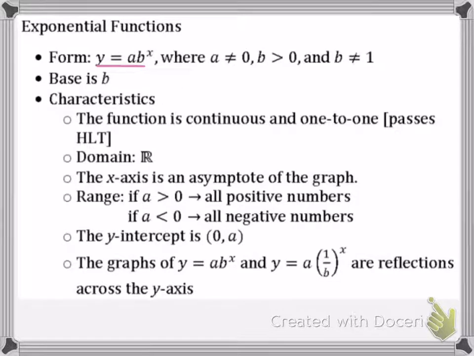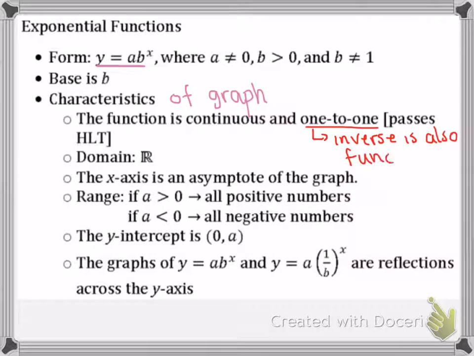Some characteristics of the graph: the function is always continuous, and it's also one-to-one. It passes the horizontal line test. Now, one-to-one also tells me that the inverse is also a function. That's what the definition of one-to-one means.